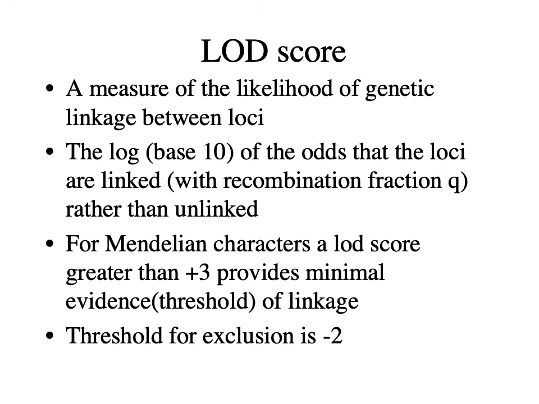It is the log base 10 of the odds that the loci are linked with recombination fraction theta rather than unlinked. For Mendelian characteristics, a LOD score of greater than +3 provides minimal evidence and is the threshold value necessary to establish linkage. LOD scores can also be useful to exclude linkage, and the minimum LOD score for exclusion is -2.